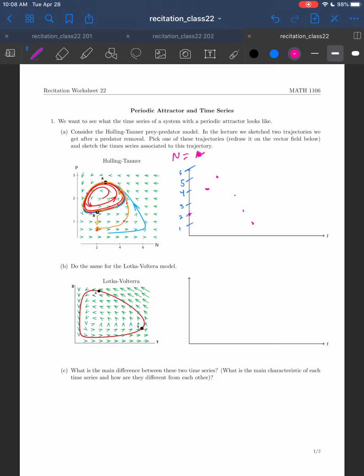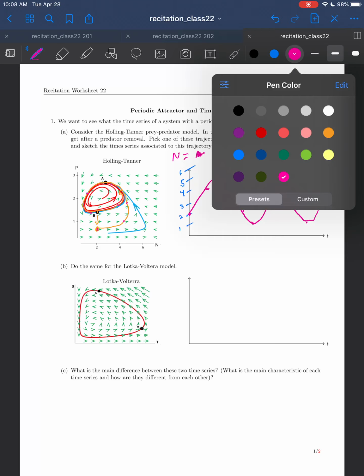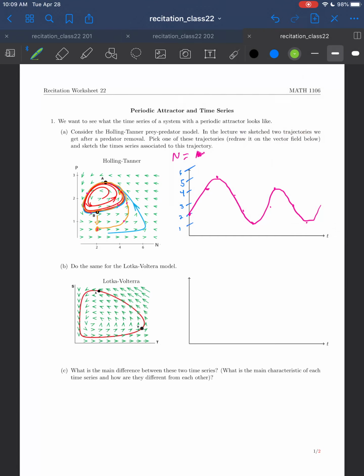So let's say we go all the way down to 1, and then we start increasing again, but we don't go as far out. So maybe we're maxing out this time at 4, and then we decrease again. And so it's going to look something like this. And it'll keep going.